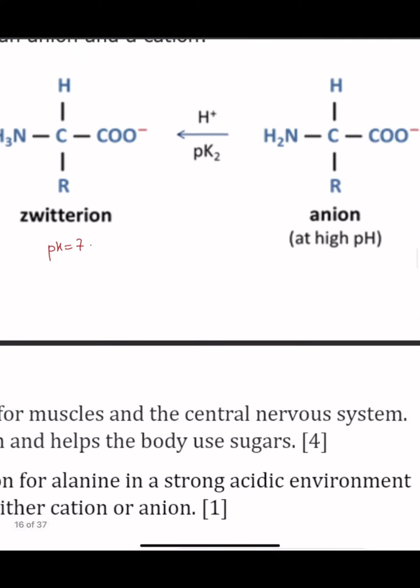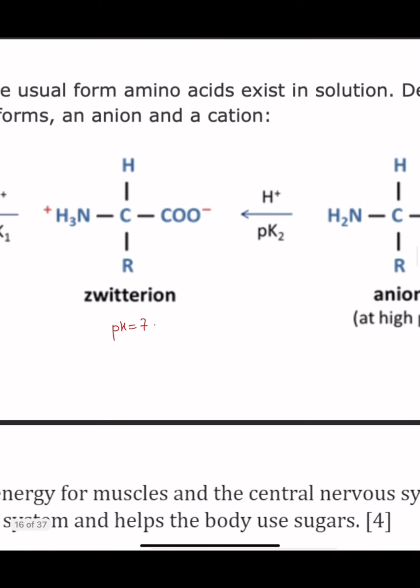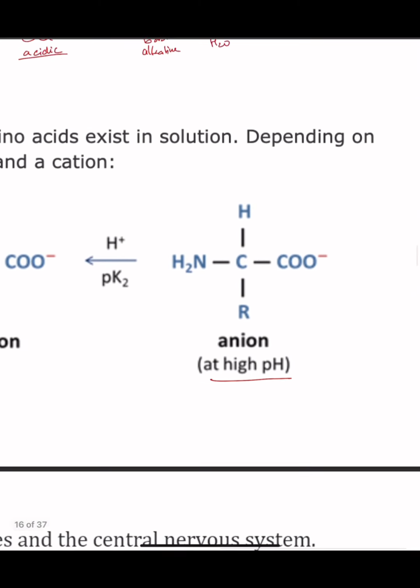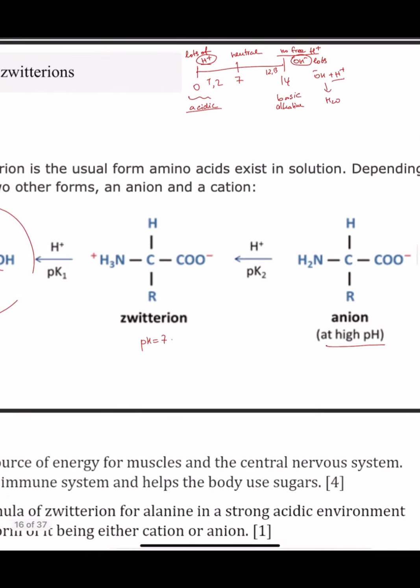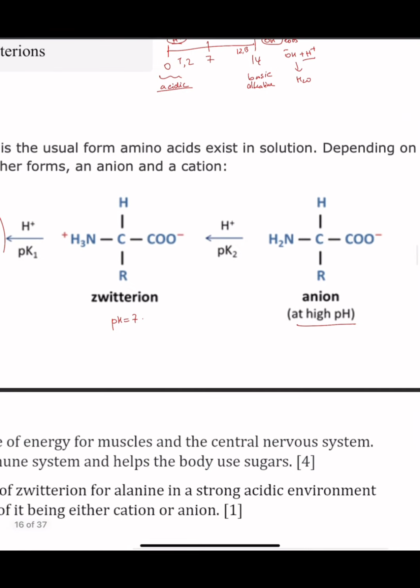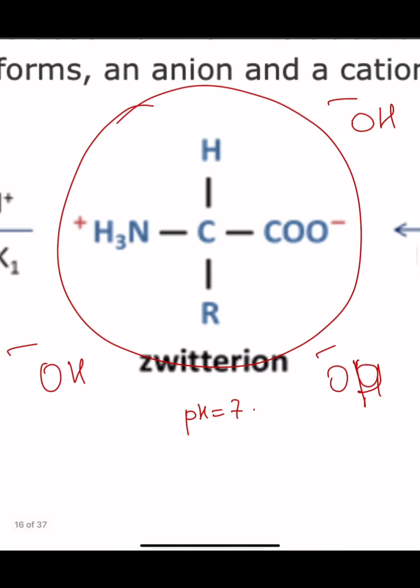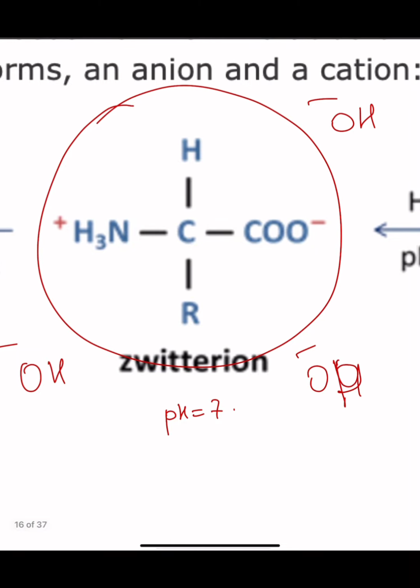Now in alkaline environment, meaning if you increase the pH, going somewhere to 12, 13, 14, you have lots of OH negative around, and this OH negative wants to grab somebody's hydrogen.